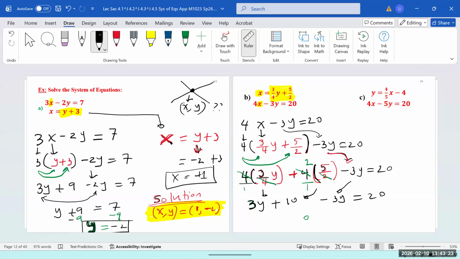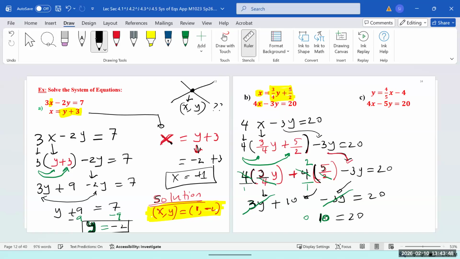What do you see? We have 3y positive. You see that 3y and minus 3y cancel out. So you have 10 on one side equal to 20 on the other side.